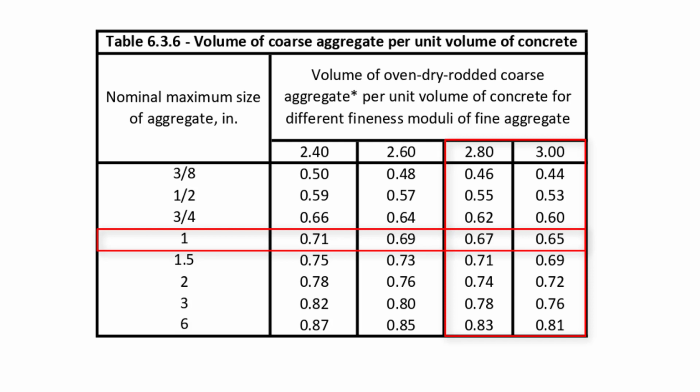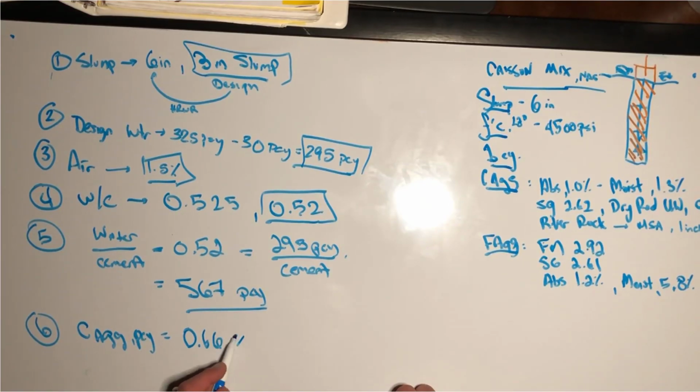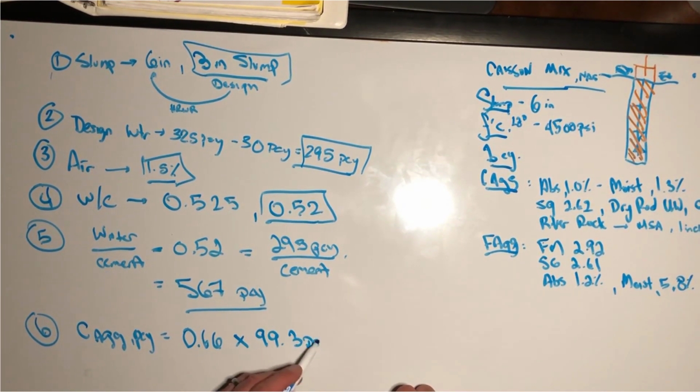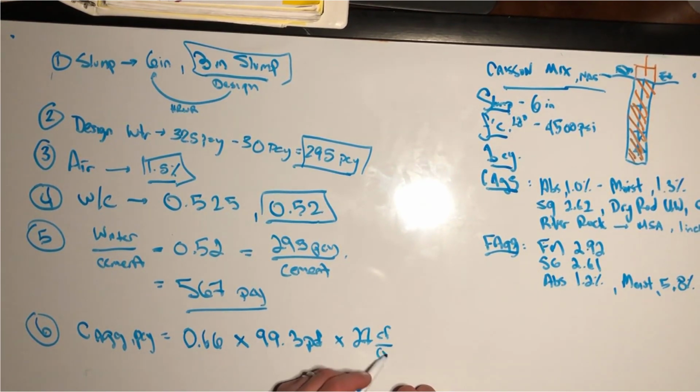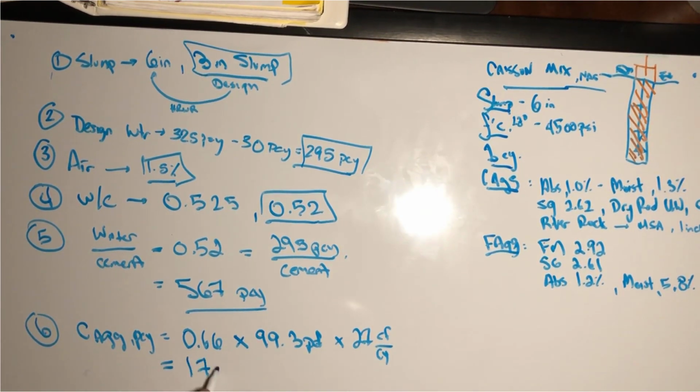So we're going to use from our table 6.3.6, 0.66, and I determined that from my MSA, my maximum size aggregate, which is 1 inch, and my fineness modulus of 2.92, which is right on the line between 2.8 and 3.0. So I'm going to take my 0.66, multiply that by my 99.3 pounds per cubic foot, and then multiply that by 27 cubic feet per cubic yard. That gives us 770 pounds per cubic yard of our coarse aggregate.